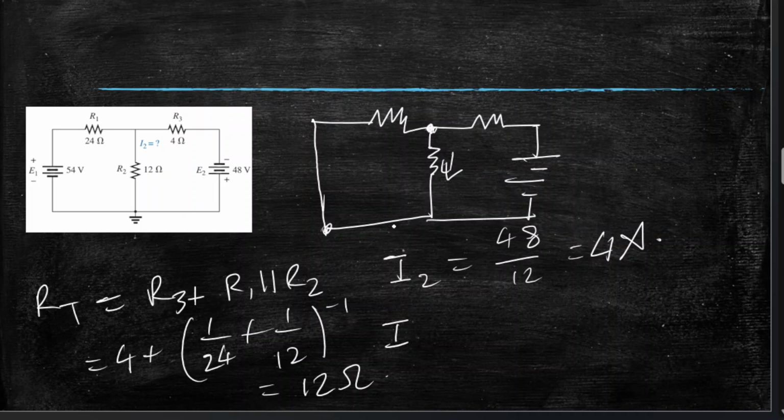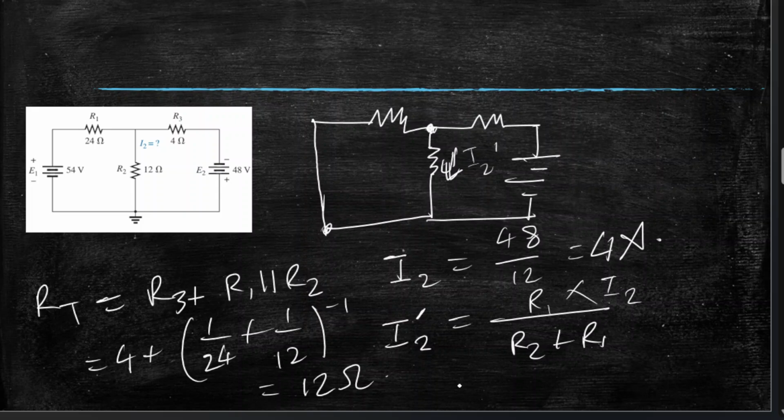We can use a shortcut again for finding the current flowing through R2 due to E2. So I2 prime is equal to, the resistor we need, R2, plus the other one, R1, on top the other one, times the total current, so I2. Now let's put the values.